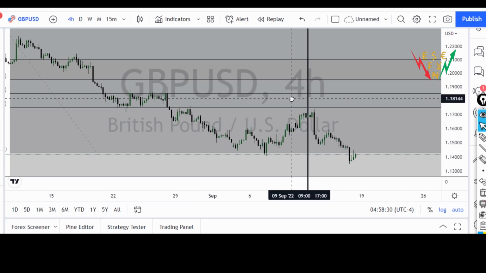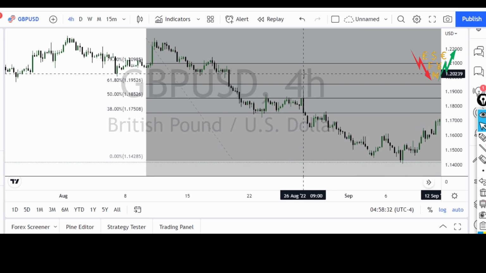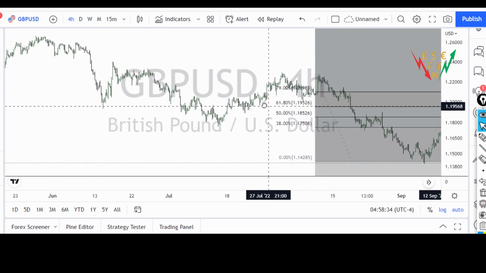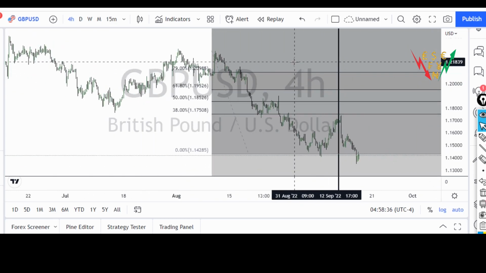Now, I wouldn't be doing much on the 4-hour time frame, because the 4-hour time frame and the daily time frame particularly hold almost the same information. And remember, guys, this is not a swing trading education or tutorial. This is specifically for day trading. So we'll be going to lower time frames. Let's go to the 15 minutes time frame, guys.